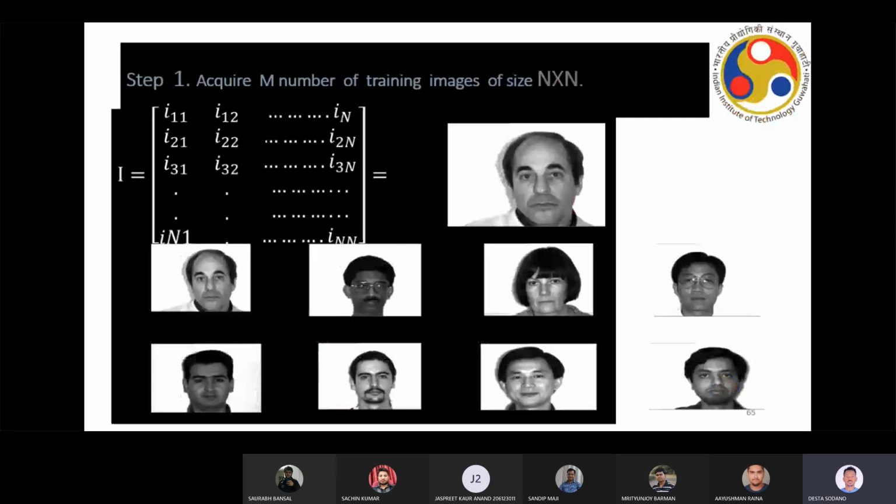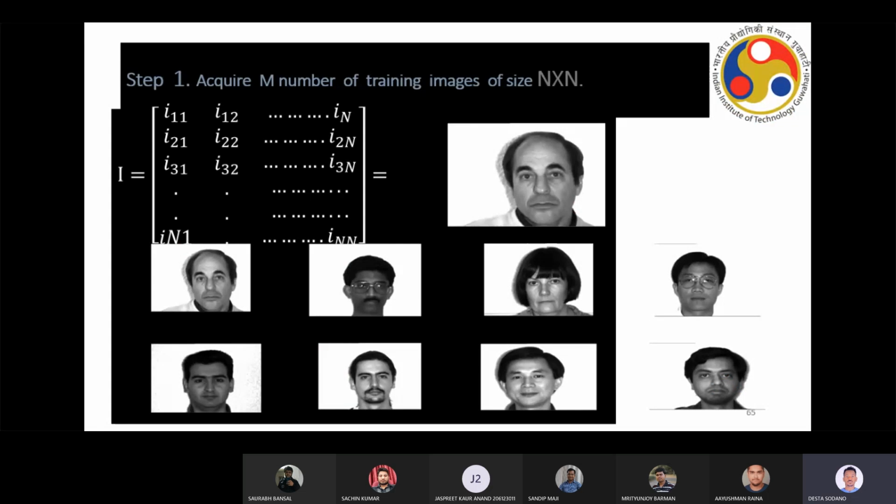Let us see the algorithm. The first step: there are many candidates available, with some statistical image size of the trainers, and 8 trainers are available. So I is equal to the matrix system of the function I11 up to I1n.